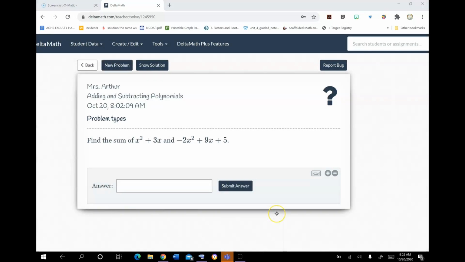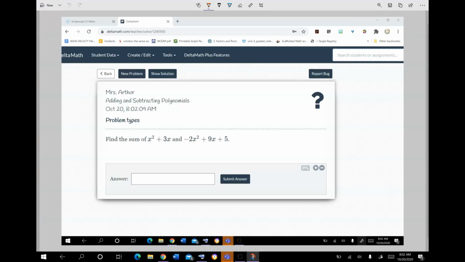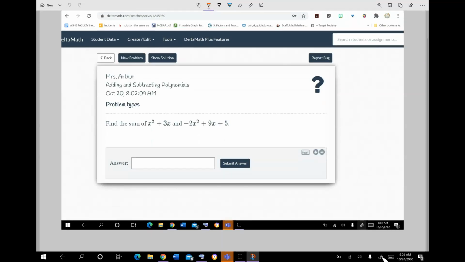So this one says find the sum. Well, the sum means to add them up, right? So we're going to add these. And when you're adding, you don't have to worry about parentheses. You can just smush it all together, okay? So this is going to look like x squared plus 3x minus 2x squared plus 9x plus 5.